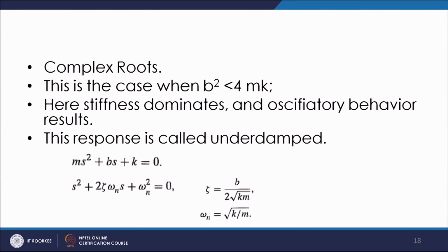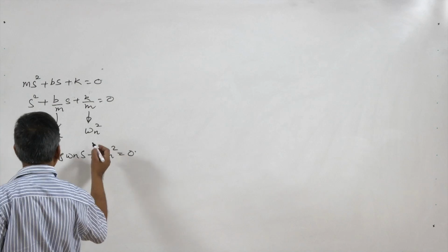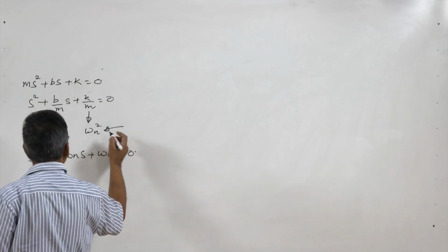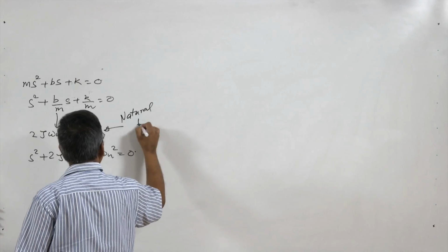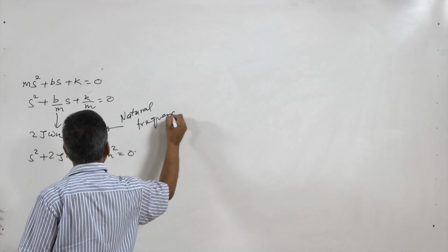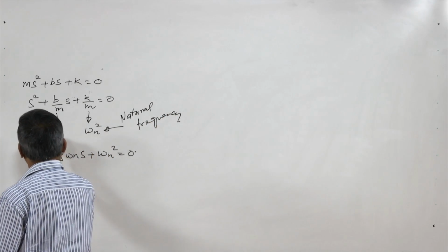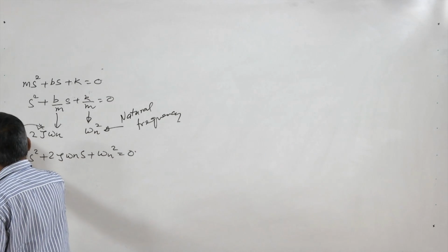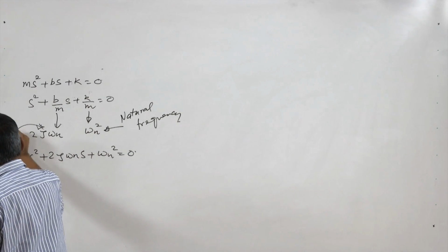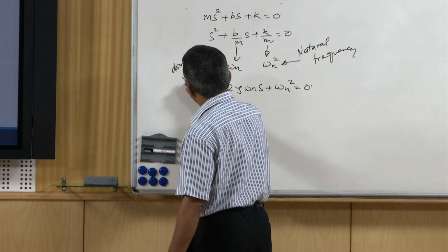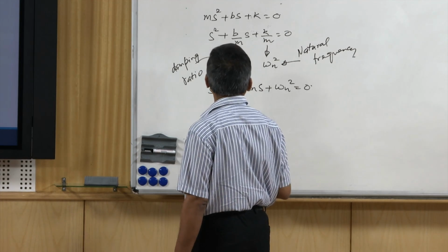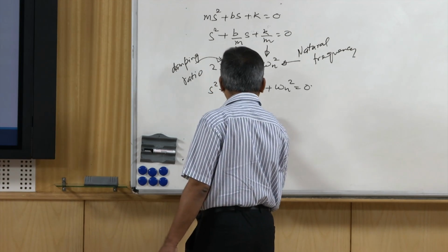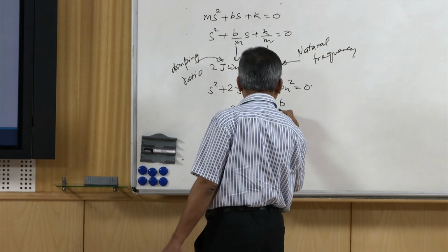Now, from here if we define this omega n, this is called the natural frequency of the system, and here this zeta is what is called the damping ratio. And of course, I can find that 2 zeta omega n is equal to b by m.